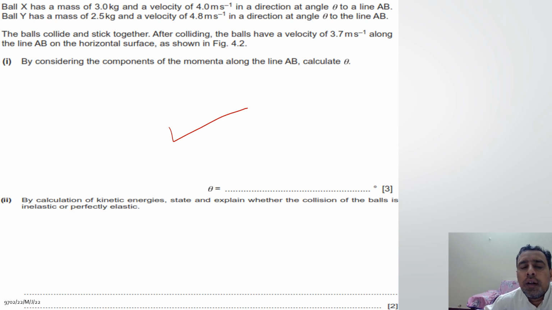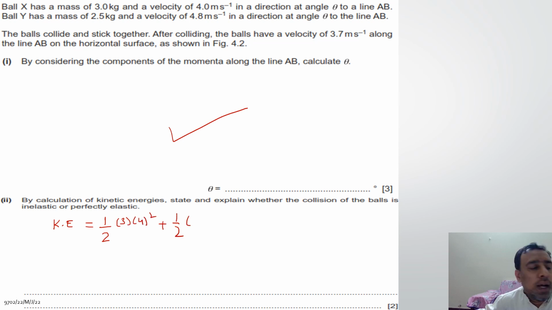And now by calculating the kinetic energy, state and explain whether the collision of the balls is inelastic or elastic. So we have to write the kinetic energies before collision and the kinetic energy after collision. If the kinetic energies are equal, then the collision is perfectly elastic, otherwise not. Initially the mass was 3 and the velocity is this one.